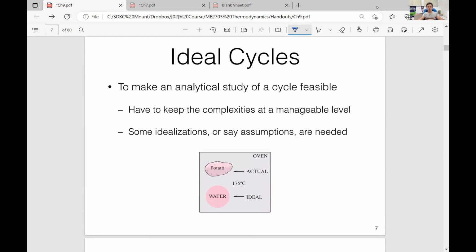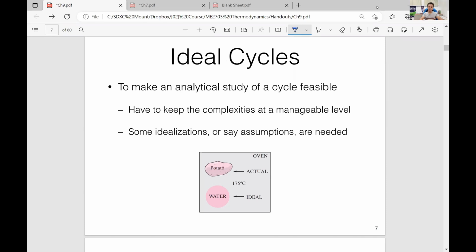Ideal cycle. To make an analytical study of a cycle feasible, we have to keep the complexities at a manageable level. That means we need to make some assumptions to simplify reality.